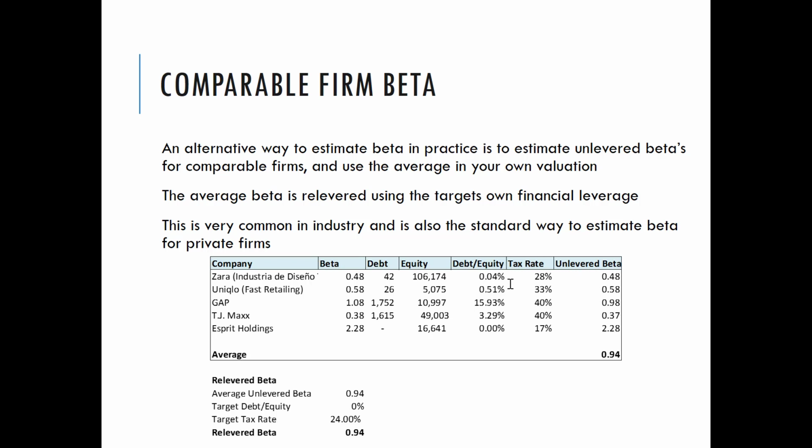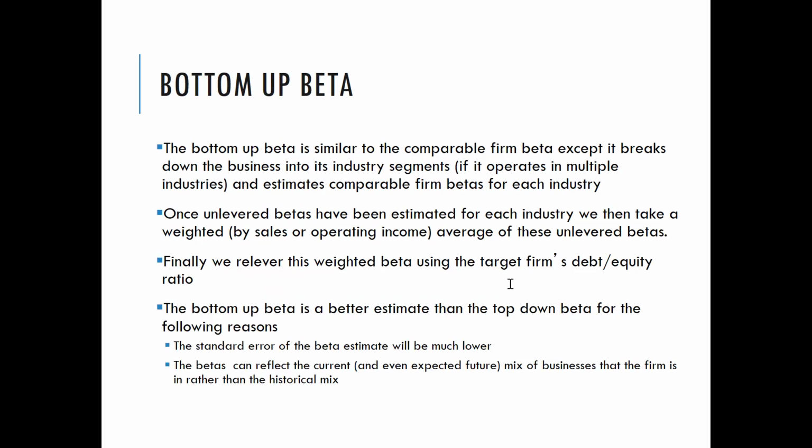Whereas for some of the firms you covered in class, like Time Warner and Fox, which operate in multiple segments, it becomes very difficult to find a perfect comparable firm. In which case you could use a bottom-up beta. A bottom-up beta is a very similar approach, except that instead of looking at comparable firms for the whole company, you split the company into divisions and find comparable firms within each division.